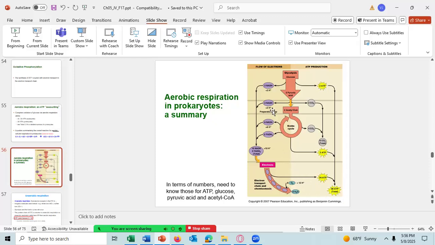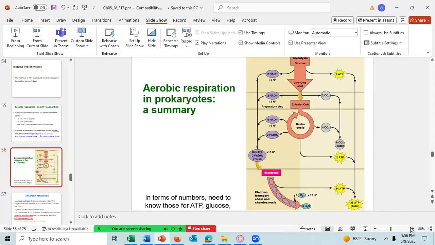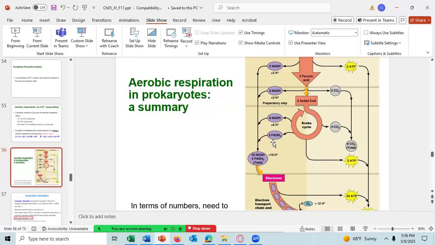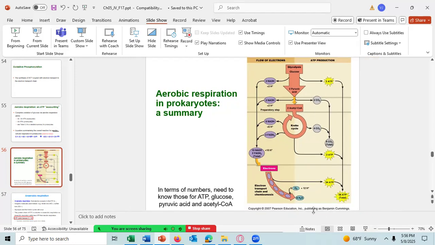And then the NADH, 6 of them, and the 2 FADH2 are converted in the electron transport chain to make water. And ATP, obviously. All right, any question about that?